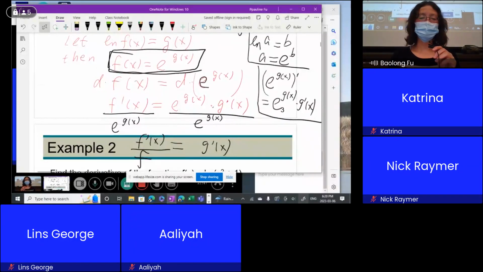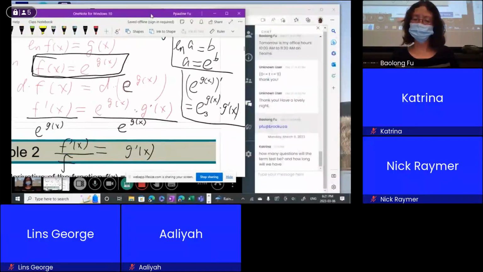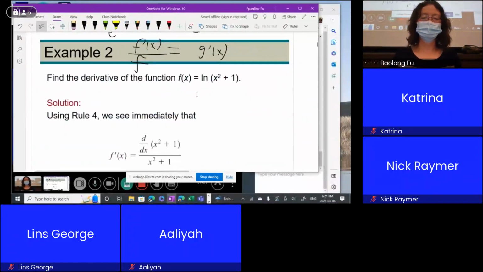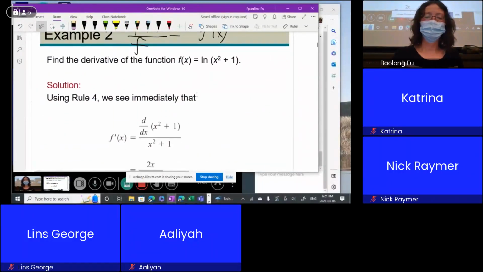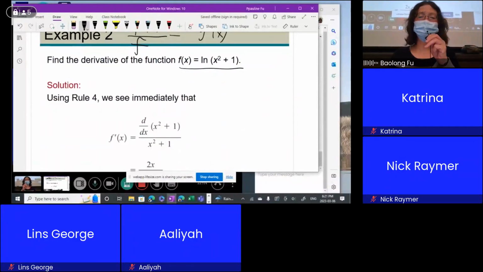Okay, let's take a look at the example. Find the derivative of f(x) equal to ln(x squared plus 1).